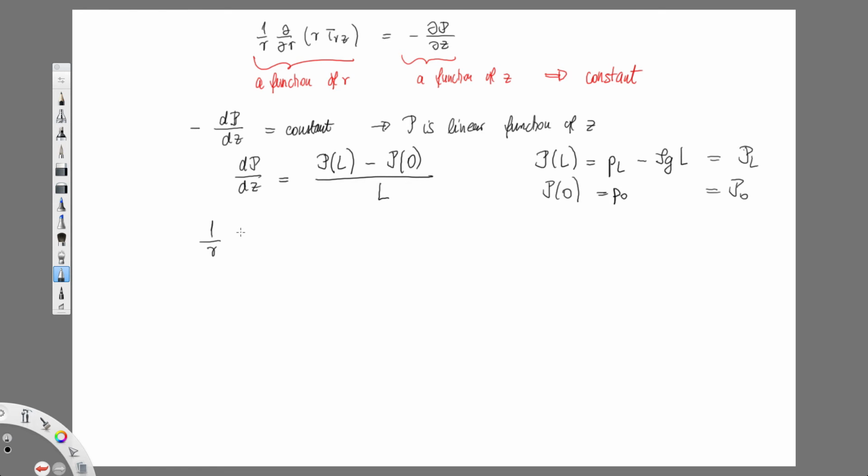Then the second thing to solve, and that's solved, those are things that are given as boundary conditions, and those are things that I can measure in the lab, so not a problem at all. Now we actually want to solve first for shear stress and then for the velocity distribution. So this is equal to the same constant, which is minus dp dz, so it's P0 minus PL divided by L.